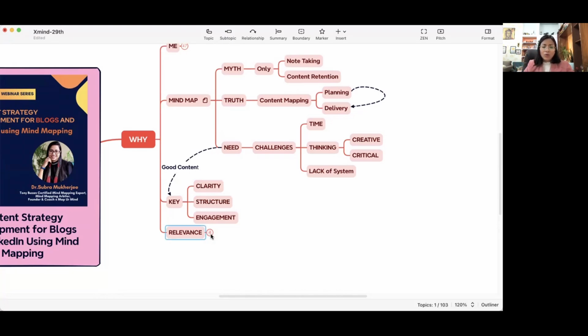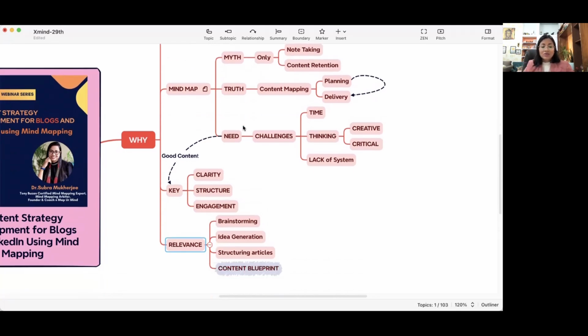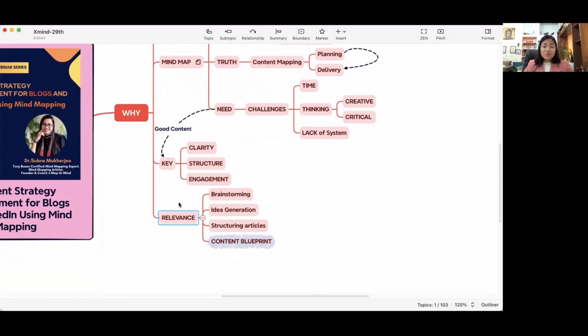So while all of this, we understand that, okay, mind mapping is for content mapping. We need mind mapping because we need to overcome these challenges of time, thinking, and lack of system. We also understand what the key elements of a good content are, but why we need mind mapping and what is the relevance of mind mapping, particularly in terms of content strategy.